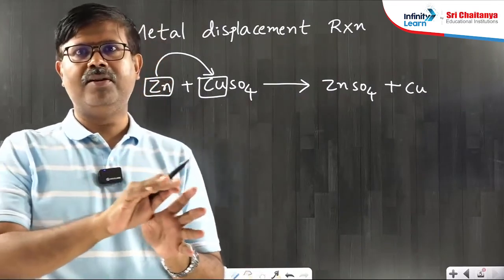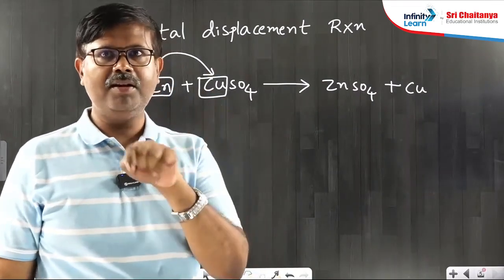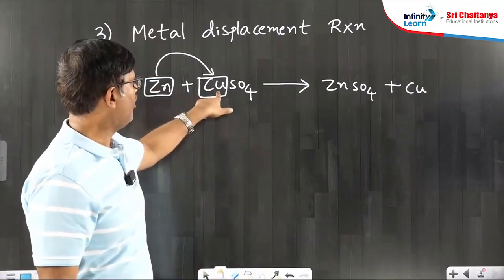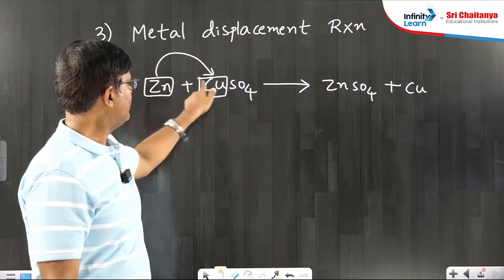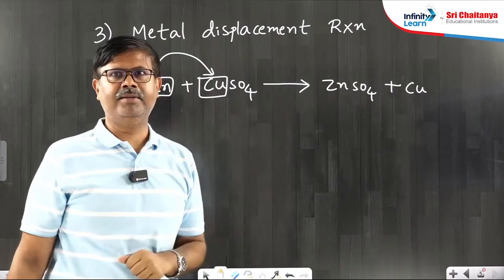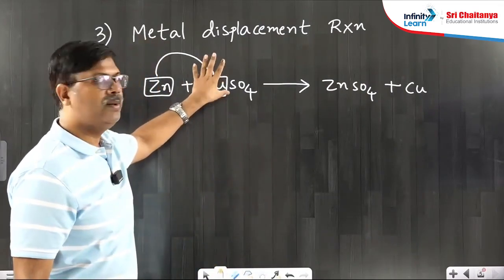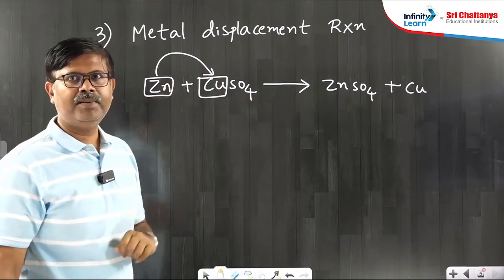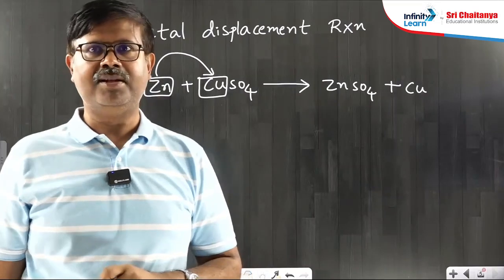When it kicks the copper out of the molecule, then in its place, what is coming now? Zinc is coming. So when zinc comes in the place of copper, the formula will be ZnSO4, and copper is out of this. So here this metal is displaced or replaced by the other metal. Such reactions are called metal displacement reactions.